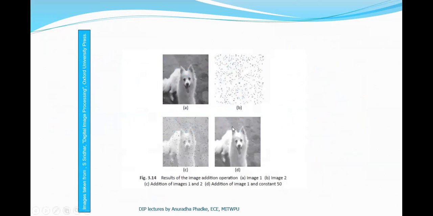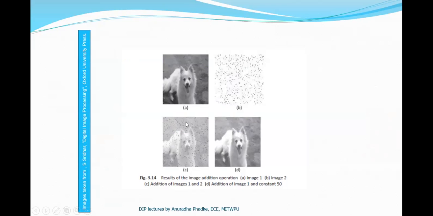Now here one example is shown. This is image A and this is image B. In image B there is some granular noise. If we perform addition of image A with image B, you can get this image.